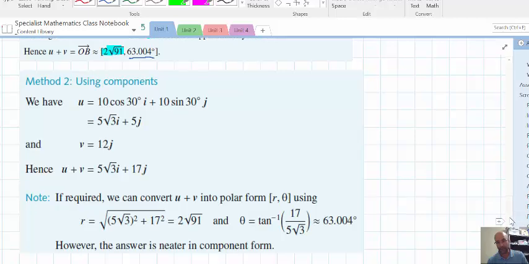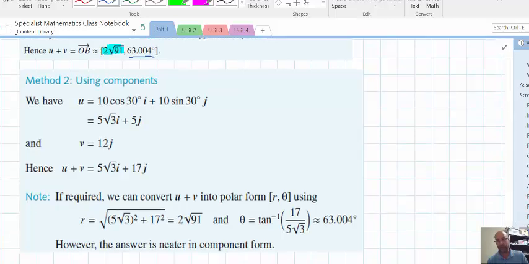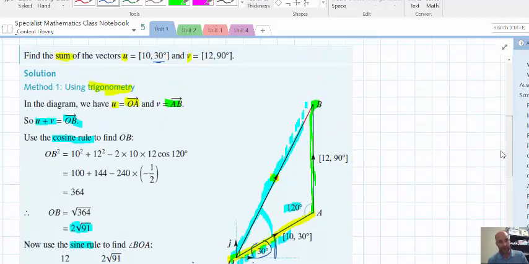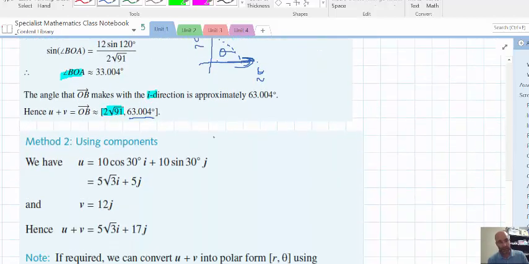So the other way is, for those who are a little averse to that sort of trig, this way might appeal a bit more. This is going to do the same thing. Remember, the original two vectors were 10, 30 and 12, 90, and you can see here that we write 10, 30 in both i and j form, because remember, you've got r cos theta, r sine theta.